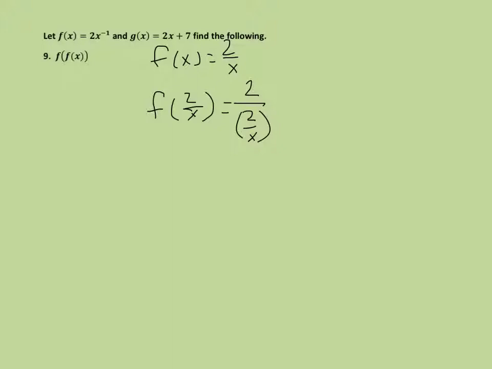Well, you got to multiply by the reciprocal of the denominator. So x over 2, x over 2. Those cancel out. So you get f of x equals x, because 2 times x divided by 2 is just x.